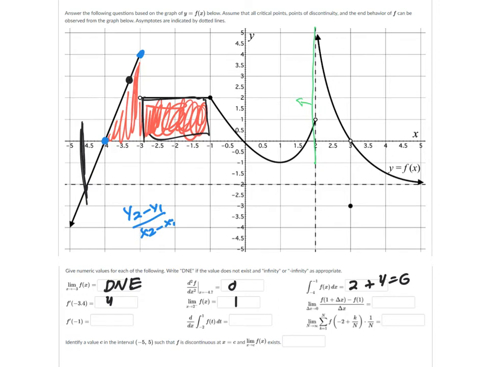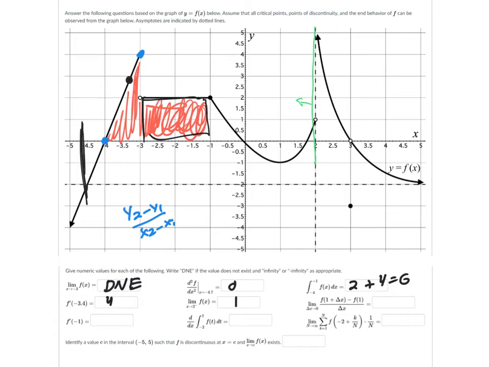Okay. The next part is we want the limit as the change in x approaches 0 for f of 1 plus delta x minus f of 1 over delta x, right? This one looks super complicated, but it's actually just the definition of a derivative, right? So as delta x approaches 0, that's as your change in x is getting smaller, right?